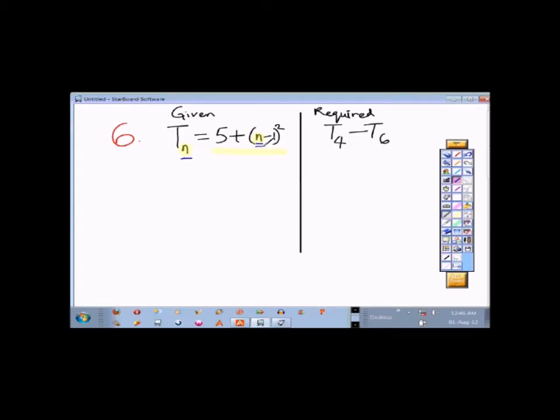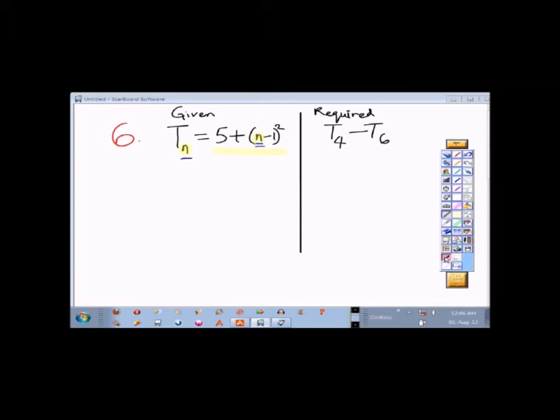What we are required to calculate here is the difference between T4 and T6, in this order. So all we have to do is to find what T4 is, find also what T6 is, according to the definition that is given to us for sequence Tn, and then subtract as it is given.